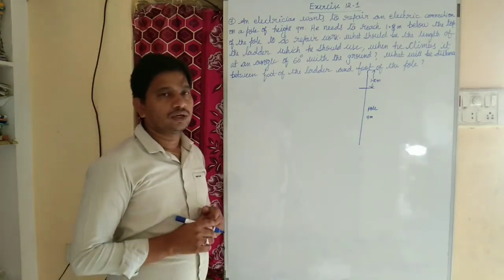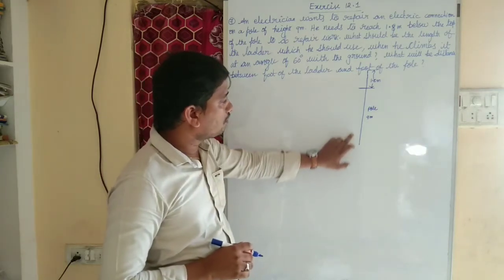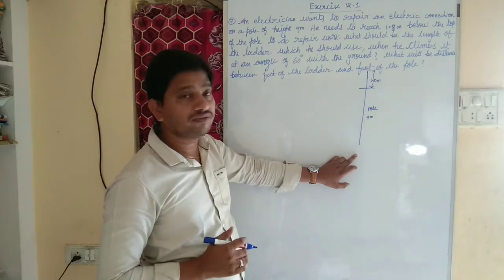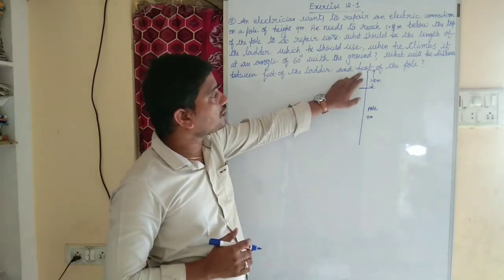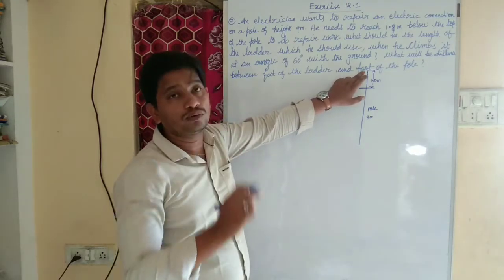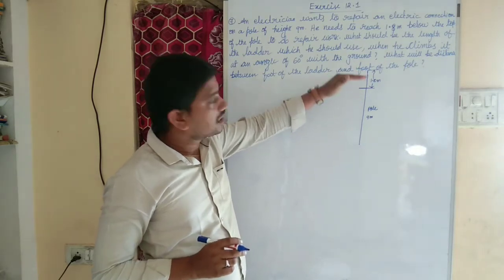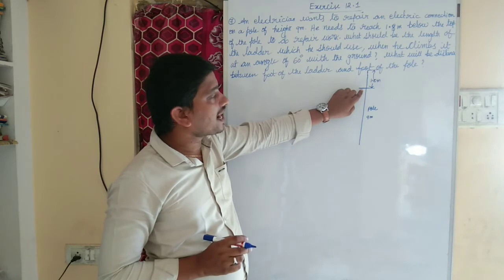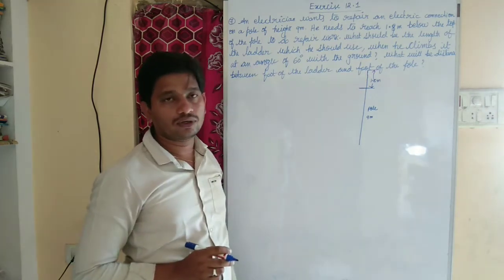See children, suppose this is the pole. What will the electrician usually do? He will not go on top of the pole. He will reach just below the top of the pole. There he will stand and do the repair work, right?